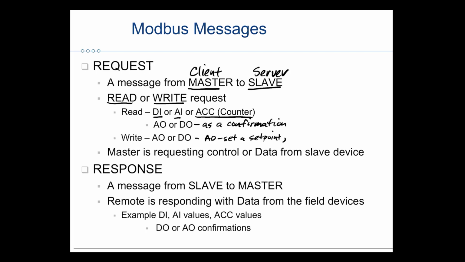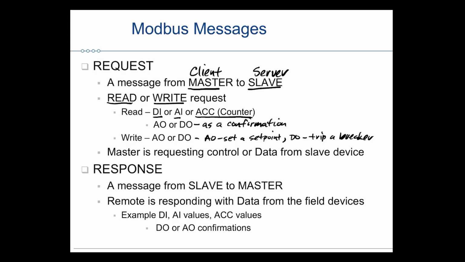Or we want to, as a DO, trip a breaker. How is all that done? With a write command, right? Master is requesting control or data from a server or slave device. This is what happens with a request.